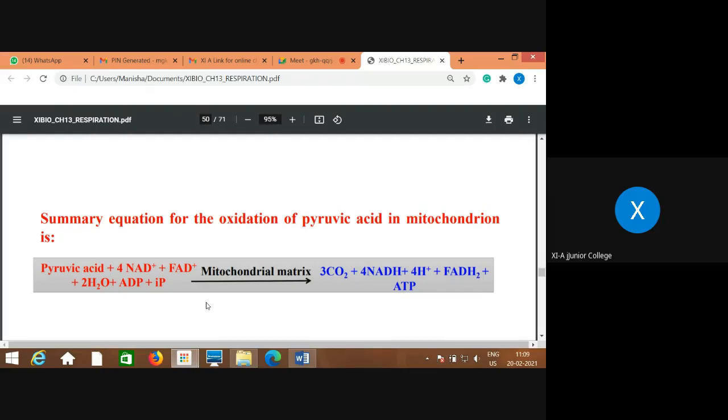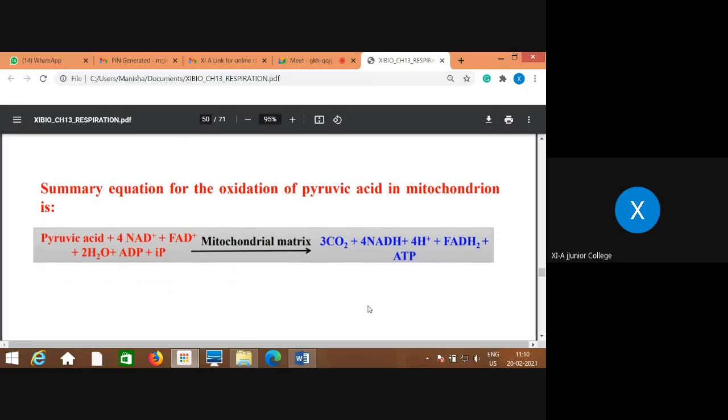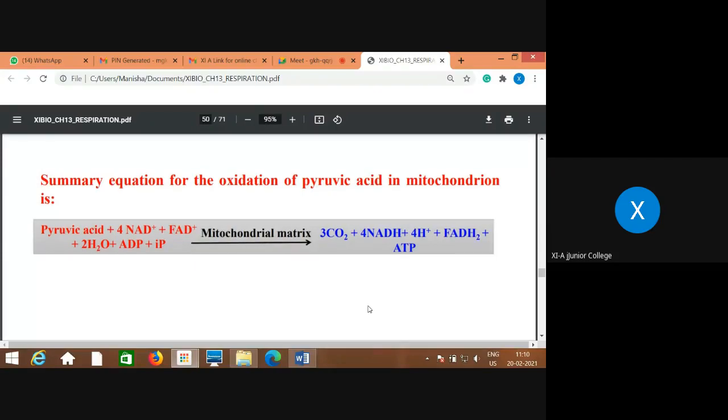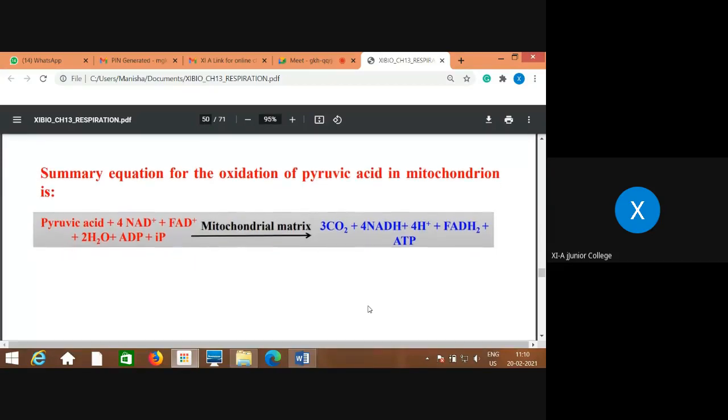So the overall reaction is taking place in the mitochondrial matrix. These are the raw materials, and in the mitochondrial matrix these are the products which are formed from the end of pyruvic acid when the pyruvic acid enters the mitochondrial matrix.